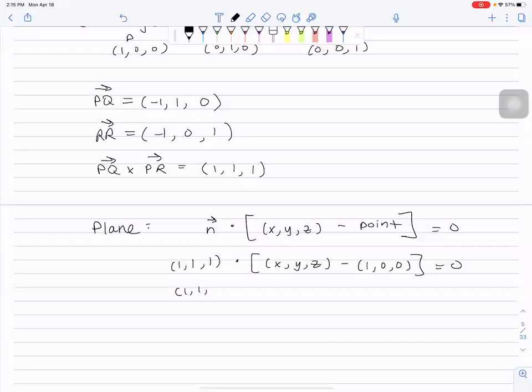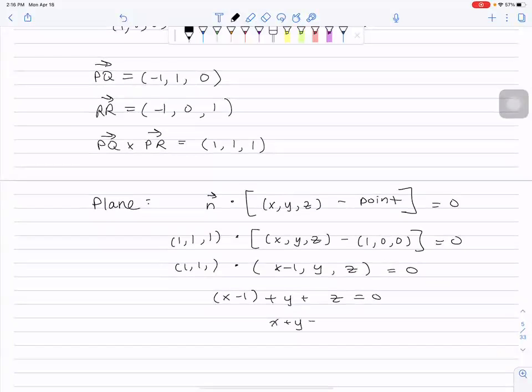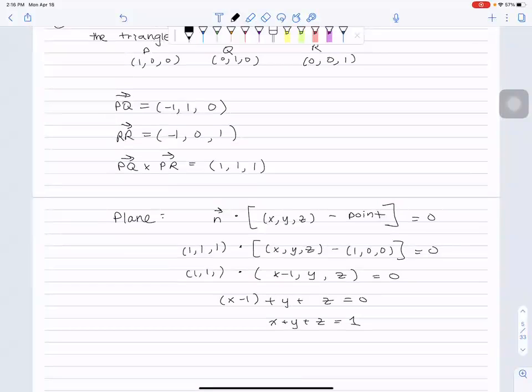This gives me (1, 1, 1) dot (x minus 1, y, z), or x minus 1 plus y plus z equals 0. Sorry, so the equation of our plane is x plus y plus z equals 1. So we have our plane. That's great.